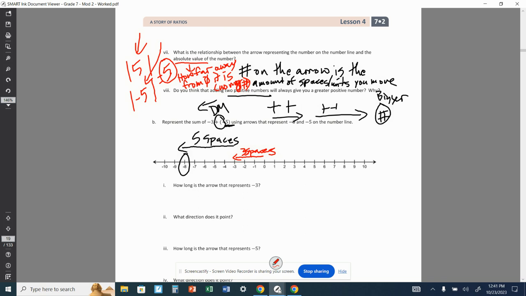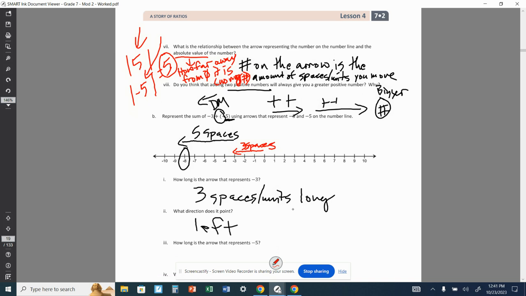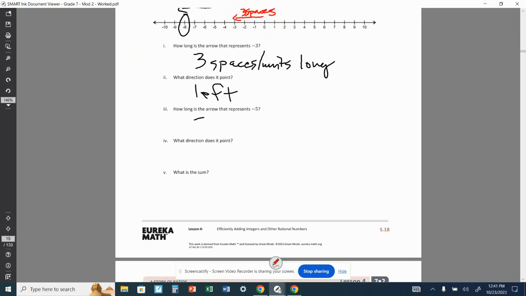So how long is the arrow that represents -3? It's 3 spaces or 3 units long. And what direction? It points left in this case because we're going to the left. How long is the arrow that represents -5? 5 spaces or units long.